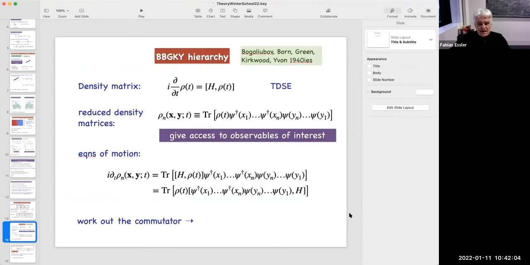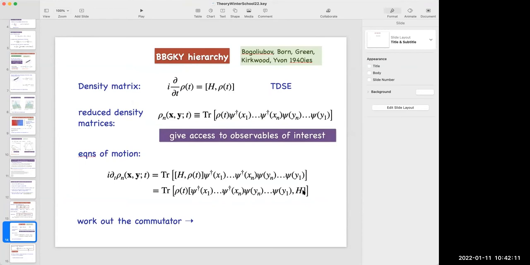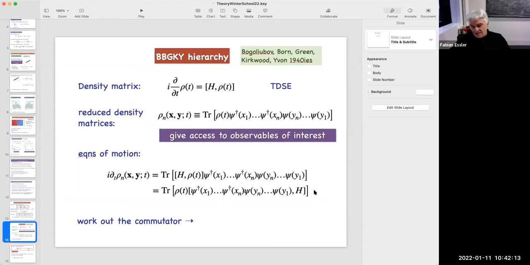And now if you calculate the commutator of these with this psi dagger dx squared psi, you will end up with something that in the end is a dx1 squared or something like this. Can you see that?